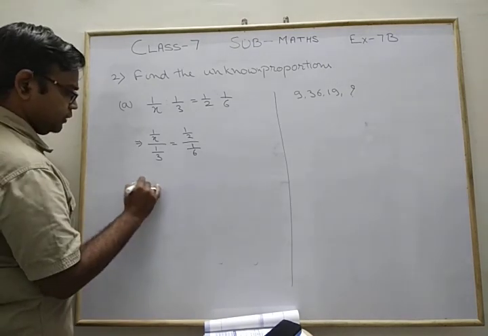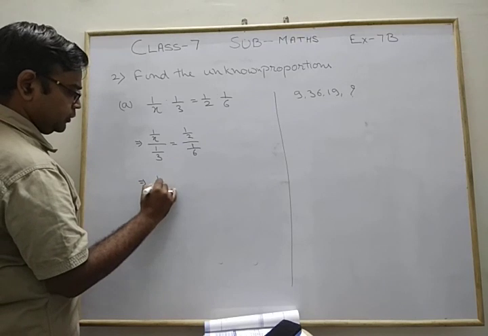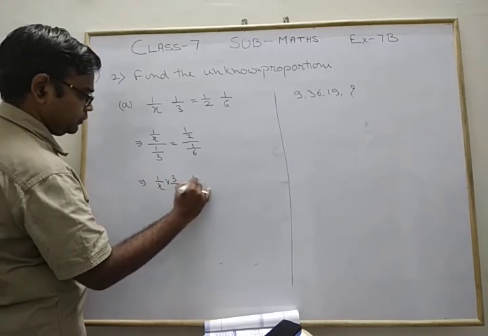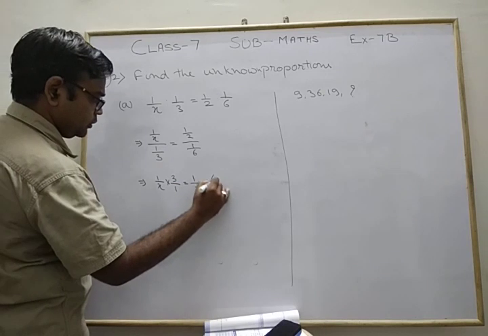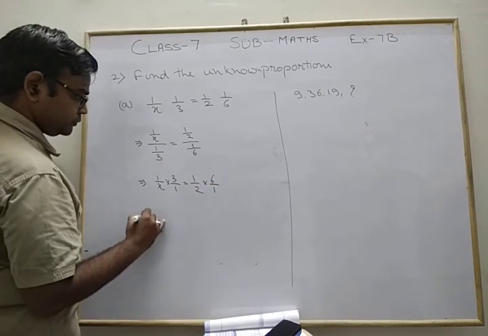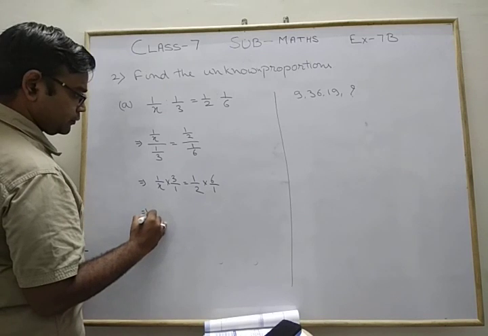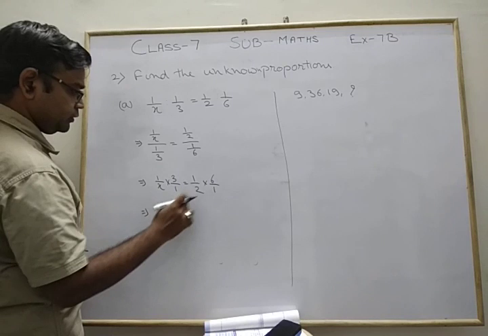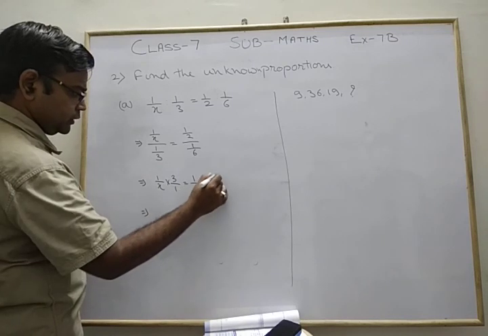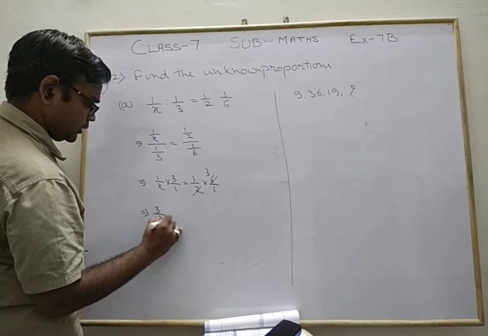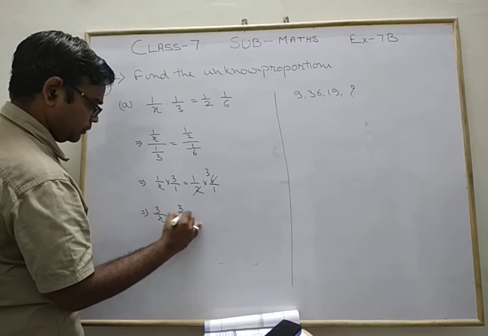Now, from this we can say that 1 upon x into 3 upon 1 equals 1 upon 2 into 6 upon 1. When we try to solve this, we shift this x to that side, or first solve here. 3 upon x equals 3 upon 1.